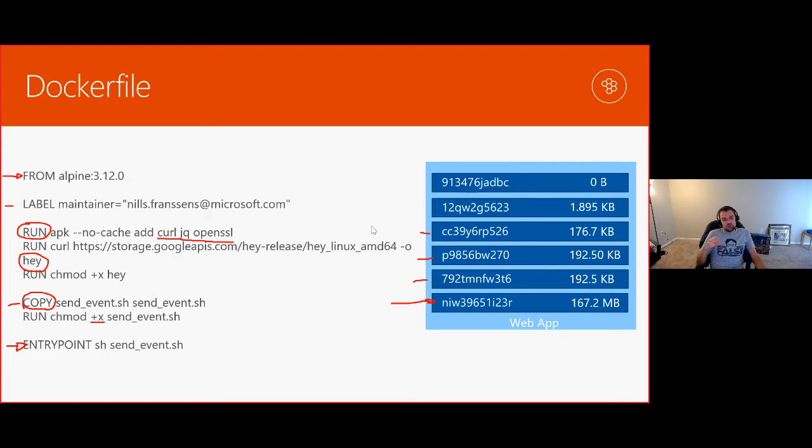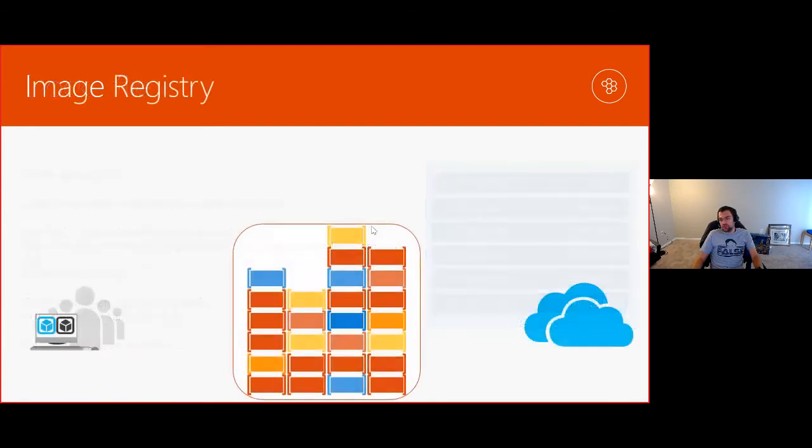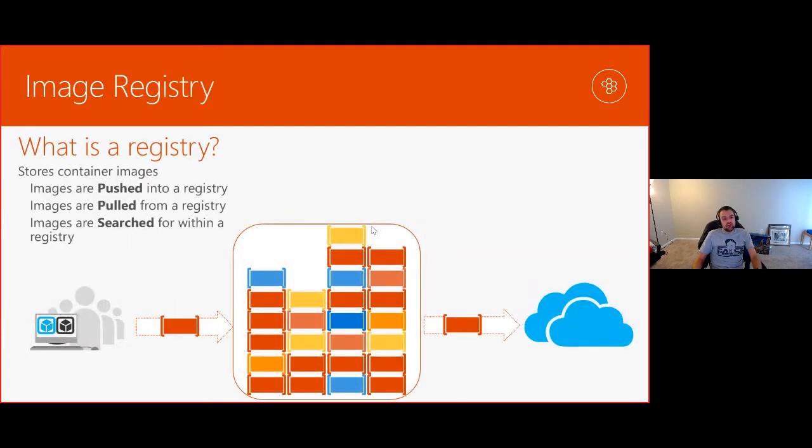But once you want to port your Docker-based applications to, let's say, a production environment or share them with other people, you use something called an image registry. An image registry is a place where you as a developer can push your images so other people can start using them.